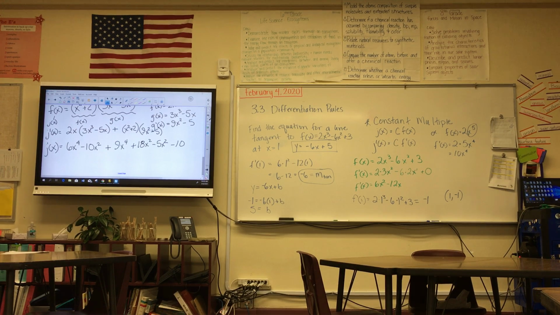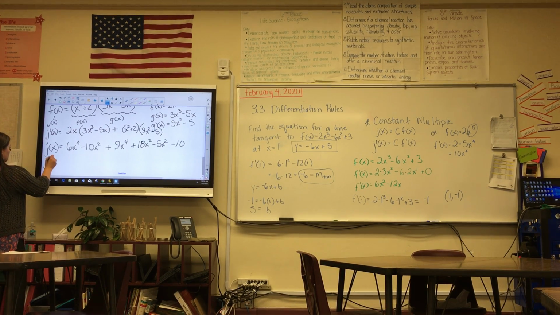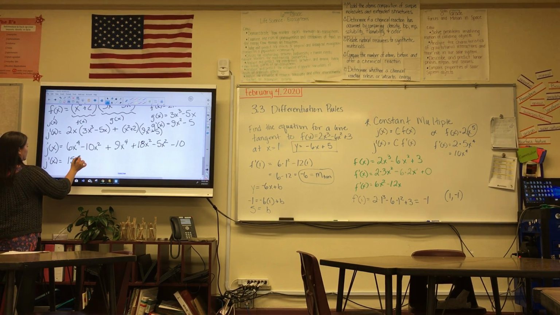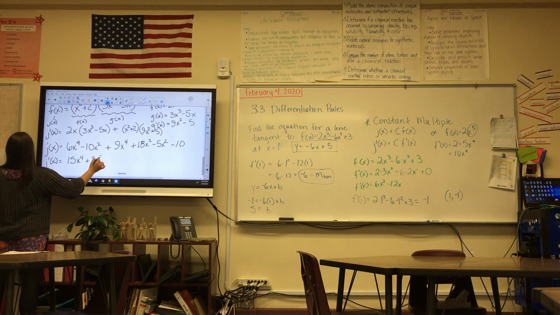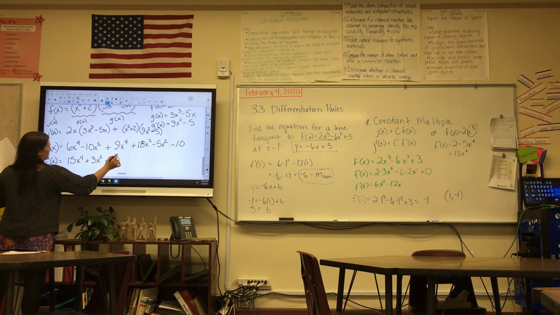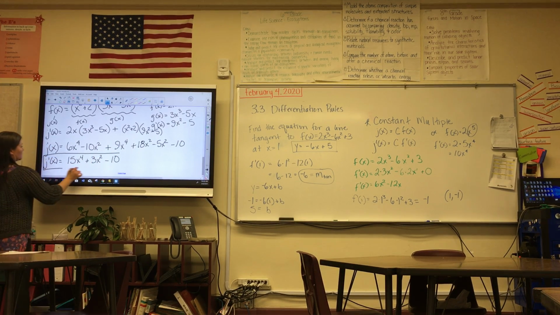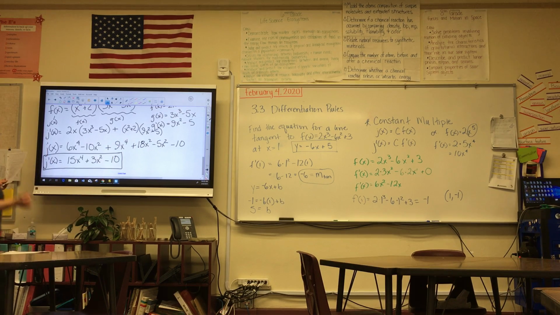And then I'm just going to combine like terms. And I end up with 15x to the 4th plus 3x squared minus 10. So this function right here would give me the slope of the tangent line at whatever point I wanted.